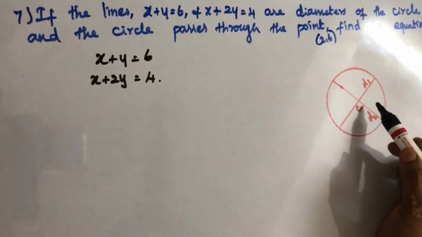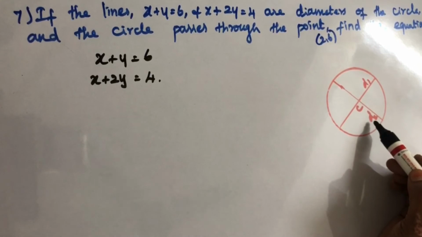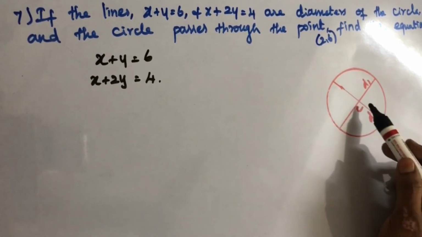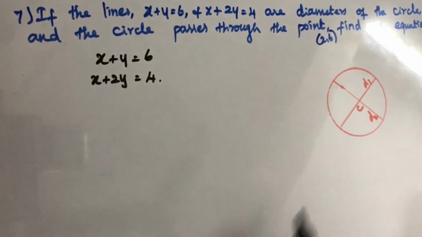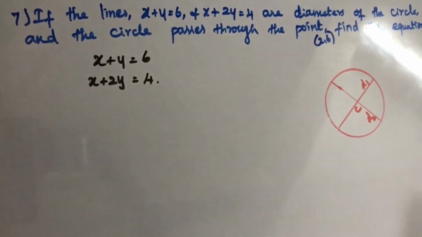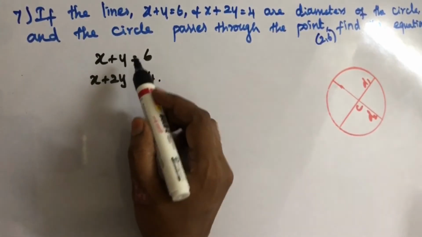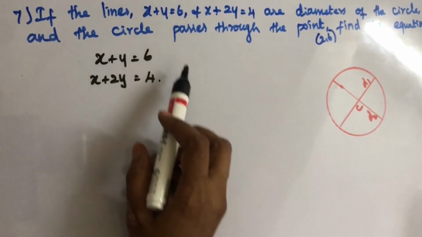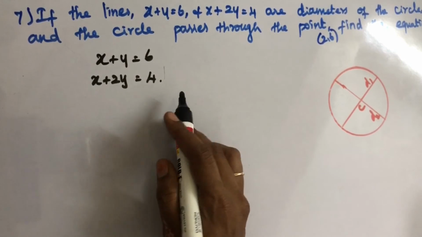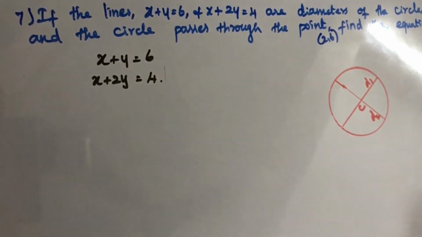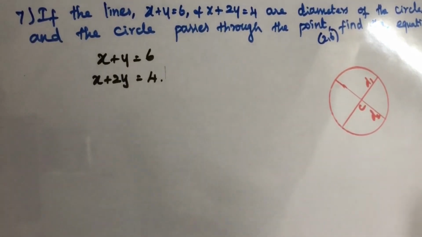Now, in this diagram, D1 and D2 are the two diameters and they pass through the center. So, these two lines intersect at center C. So, we have to find the x coordinate and y coordinate of this by solving these two equations. Then we will be able to find the center of the circle.